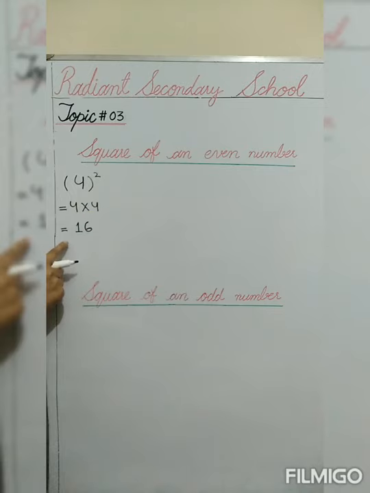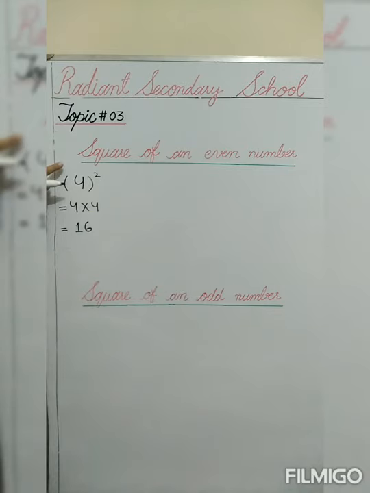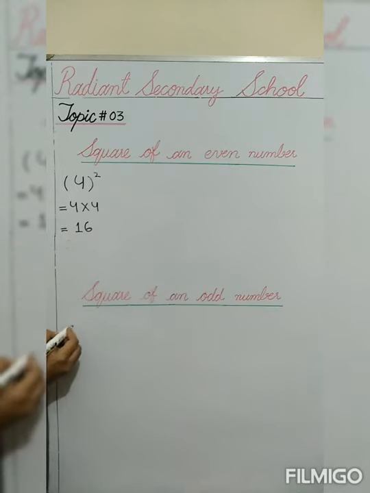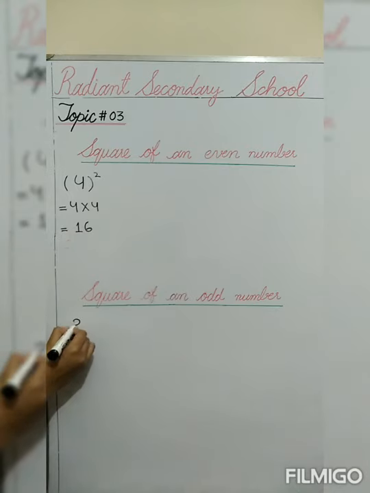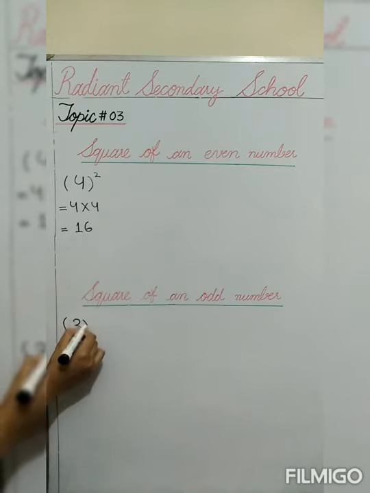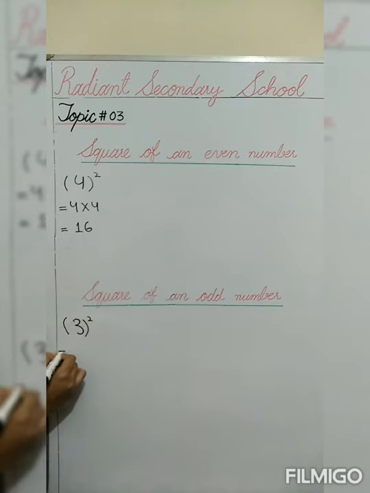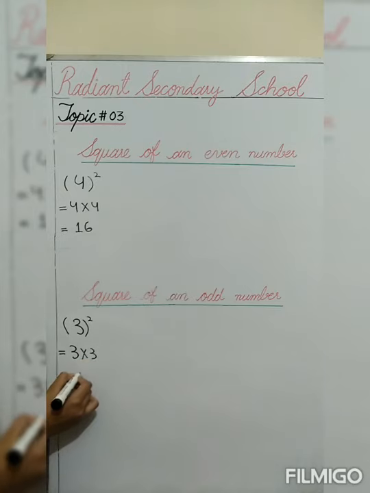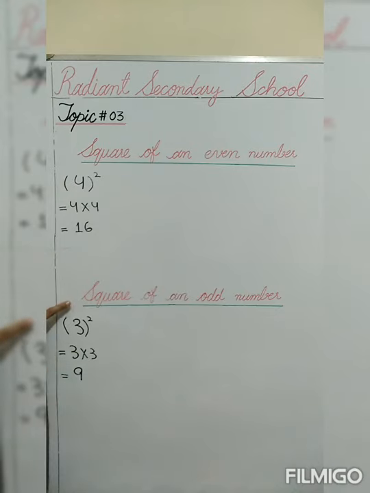Here we have proved that the square of an even number is always even. In the same way, if I take an odd number like 3 and I am taking its square, 3 square means 3 multiplied by 3 and we'll get 9. It means the square of an odd number is always odd.